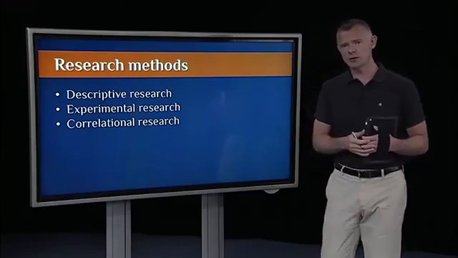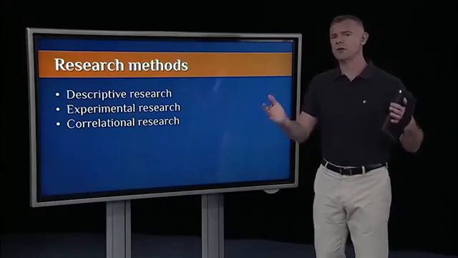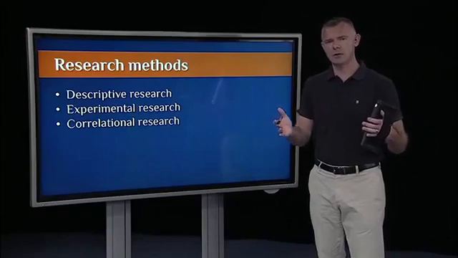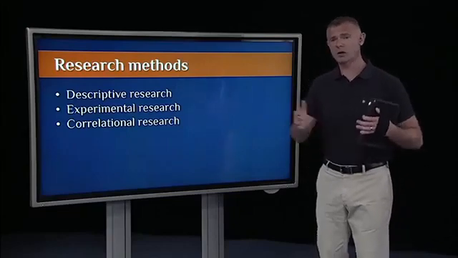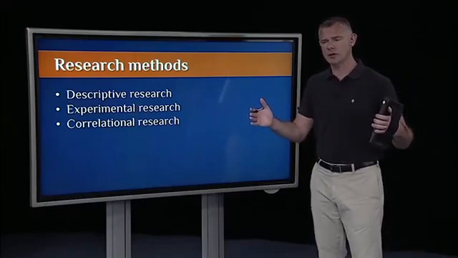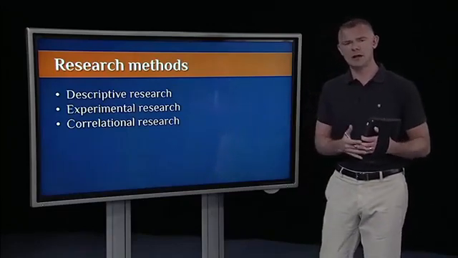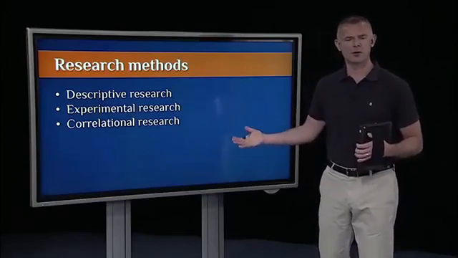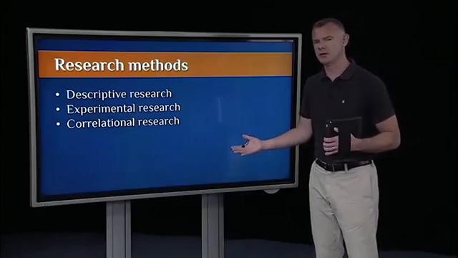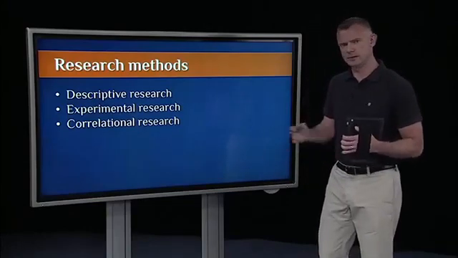Then we looked at correlational research, where there's no manipulation of an independent variable. We're not dealing with randomized controlled experiments. We're just looking at correlations across measures to try and test theories about certain constructs. And the examples we used there were personality research and intelligence research in psychology.